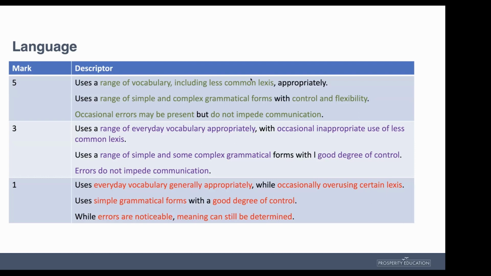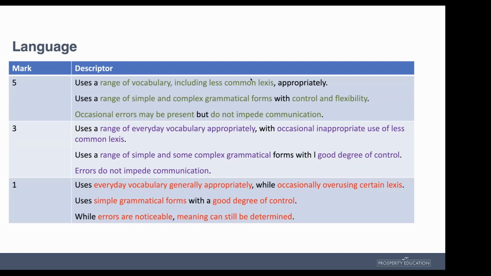For a mark of 3, a range of everyday vocabulary, occasional inappropriate use of less common lexis, so we're not over-penalising the candidate who's tried to be ambitious. For a mark of 1, everyday vocabulary, generally appropriate, but they sometimes overuse certain words.